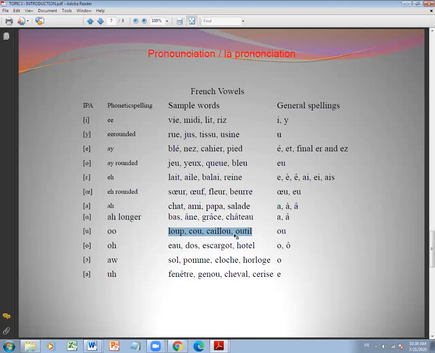I confirm, because we say that a consonant is silent when it's the final letter in a word. So I just want to confirm that. Okay. No, it is wrong.